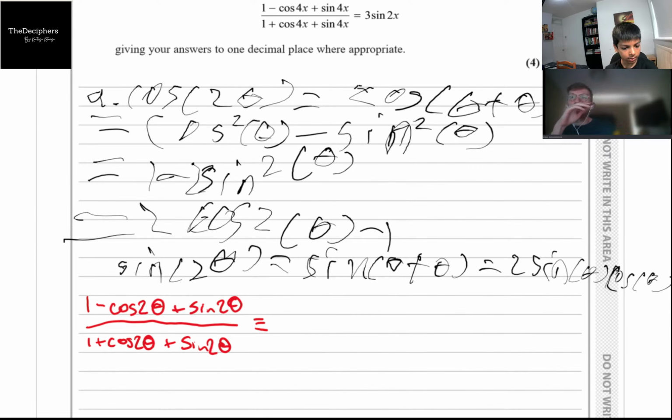I think 1 minus 2 sin squared theta. Yeah, so remember you said the target should be to end up with sin theta over cos theta, so a good idea would be to try and get sin thetas on the top. So I think you're right to use this form of the cos 2 theta, 1 minus 2 sin squared theta.